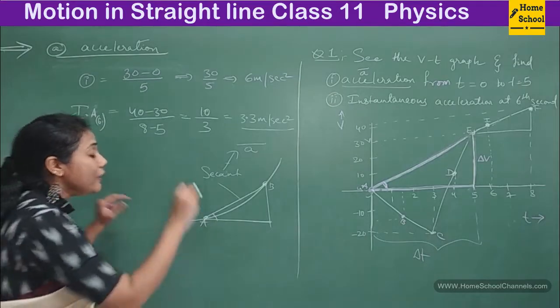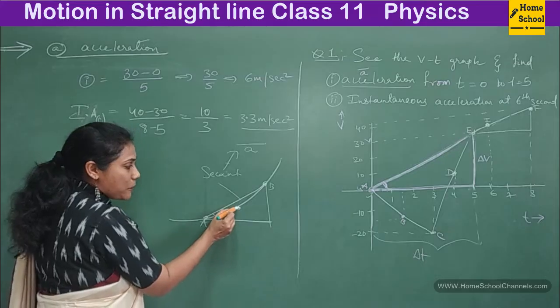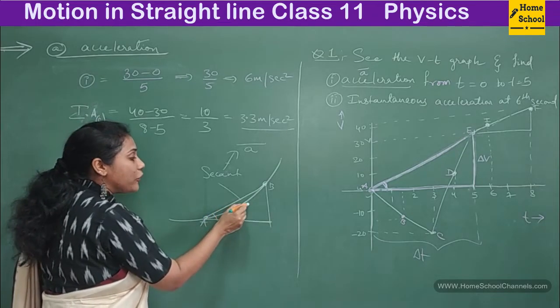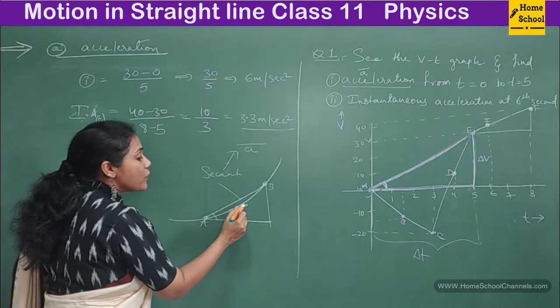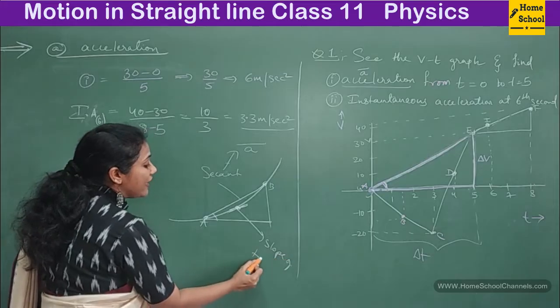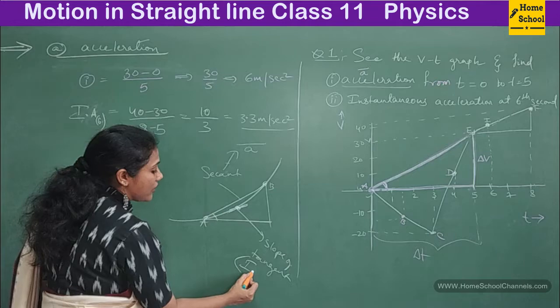But if I tell you to find the instantaneous acceleration at a point between A and B, then at this point you have to draw a tangent, and the slope of the tangent will give you the instantaneous acceleration.